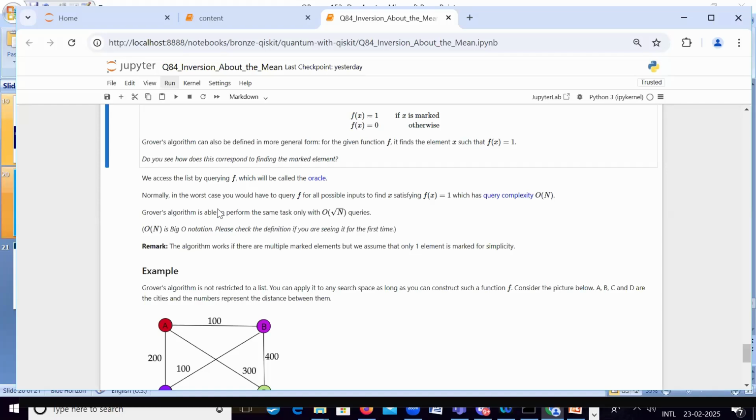In the worst case, we would have to query f for all possible values, because the number of iterations is not always fixed. Whenever it finds the element, it marks it. So there will be multiple iterations, and the amplitude amplification increases the probability of finding those elements.